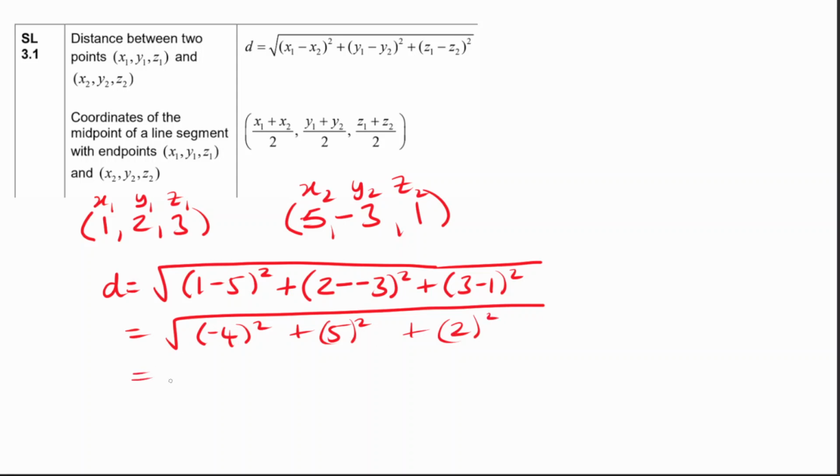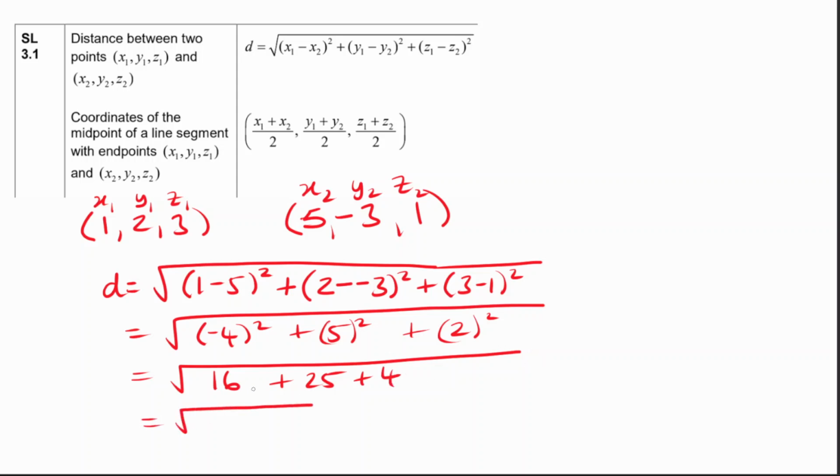So it's the square root of 16, 25 and 4, so that is the square root of 45. Then we can work that out on the calculator as a decimal. So it's 6.71. That's the distance between the 2 points.